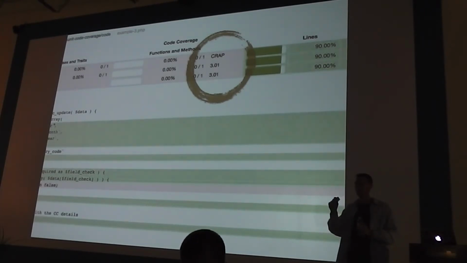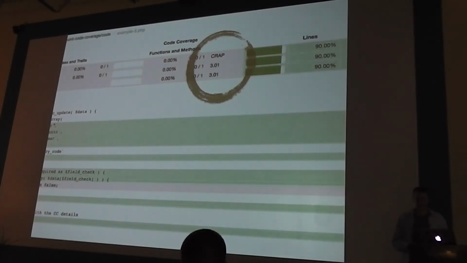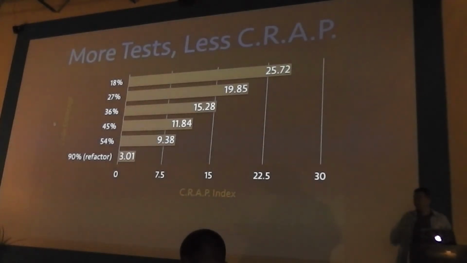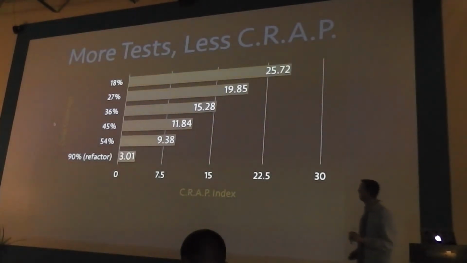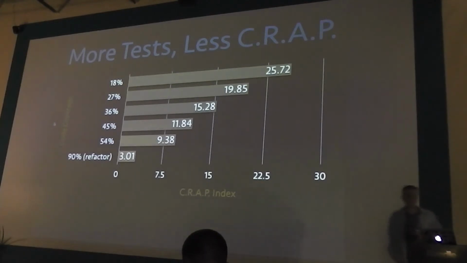So fewer points where the method can return, and fewer branches as far as logic flow. We got it down to 3. Relative to our 25, I'd say that is our biggest jump. 3 to 9, that's our biggest jump in terms of factor.